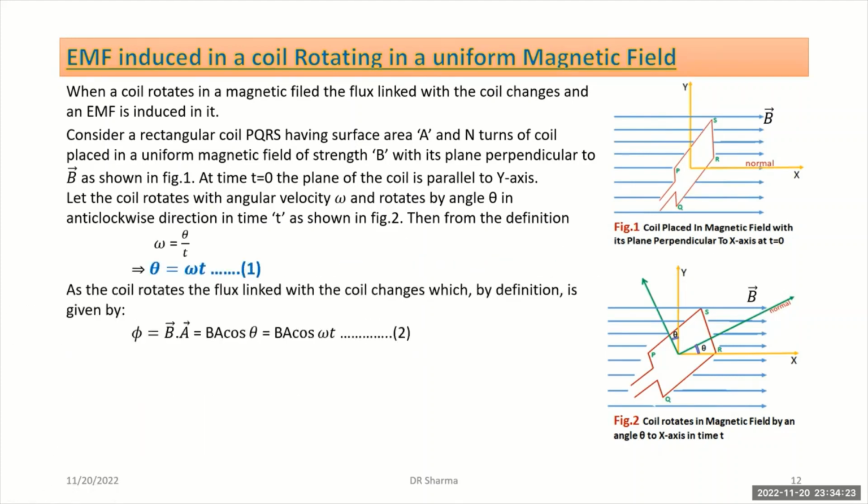Because of this rotation, the flux linked with the coil changes. The flux linked with the coil at any instant of time is given by phi is equal to B dot A. B dot A is B A cos theta, and theta is omega t over here.